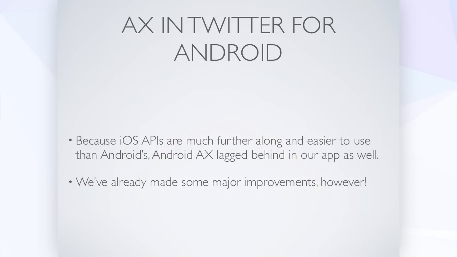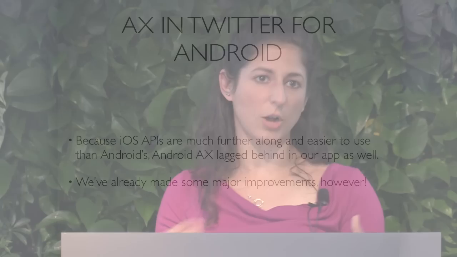So this is all the same stuff we've been doing. People have often commented on how Android isn't really caught up to iOS, and that's true both in our Twitter client and in the real world. The APIs themselves really haven't quite caught up yet. For example, in iOS, rather than just having one label for an element on screen, you can have a label, a value, a hint.